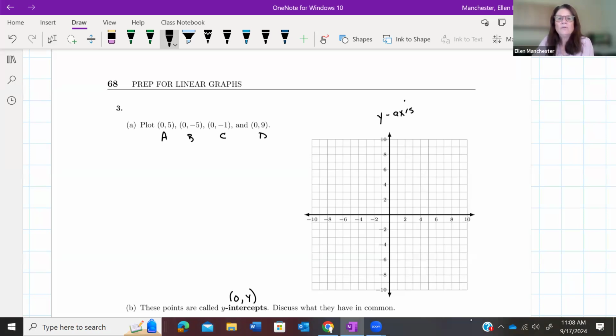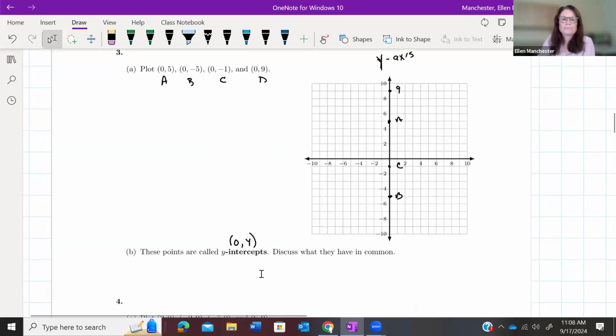Here is a great way to remember y-axis. See the vertical tail? That means y-axis is always going to be on the vertical. So we have a point at 5, at -5, at -1, and at +9. All of those are your y-intercepts.